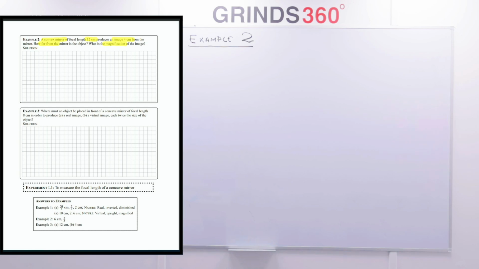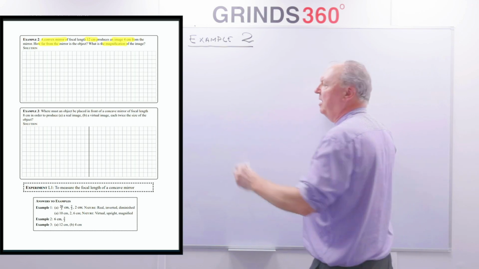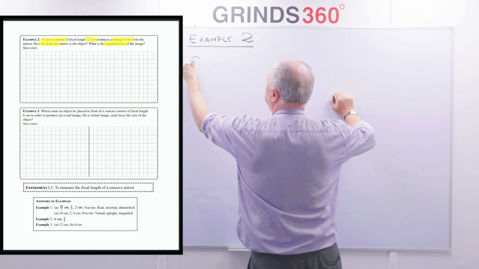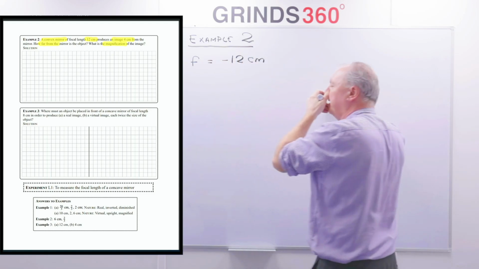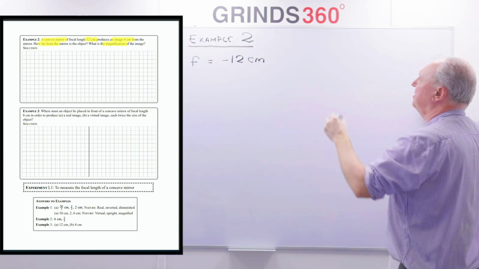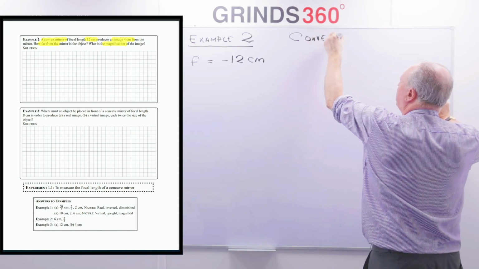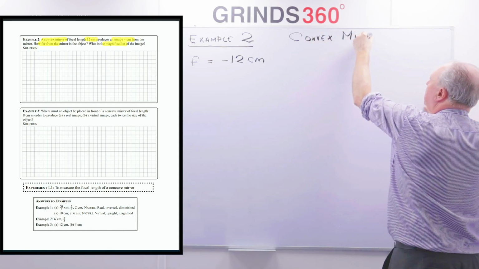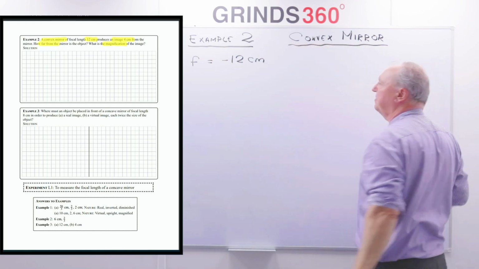Okay, so let me write down my numbers. Well, I'm told that the focal length f is equal to minus 12 because it's a convex mirror. It might be no harm when you're doing the question to write down convex mirror. You're fully aware of that.